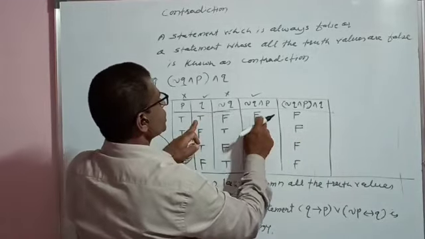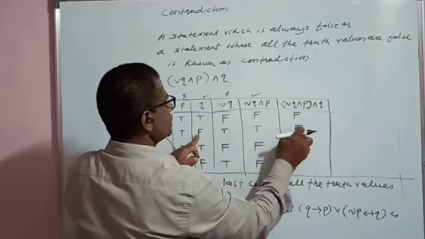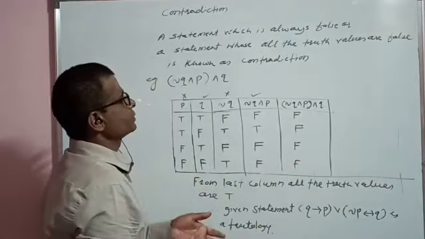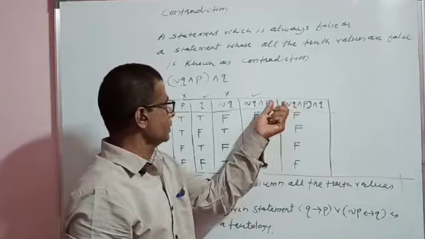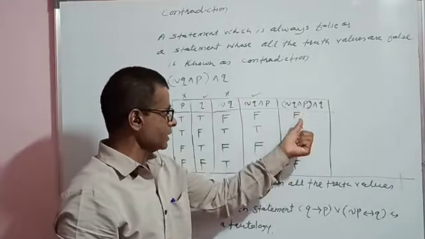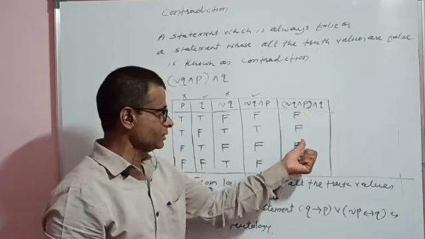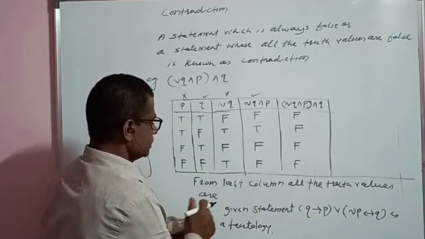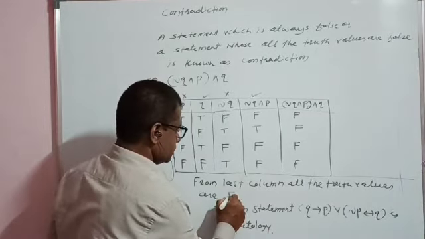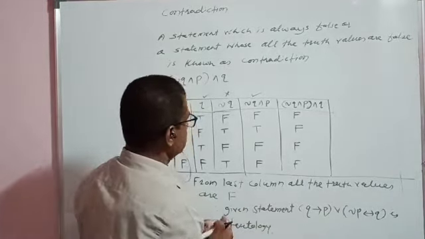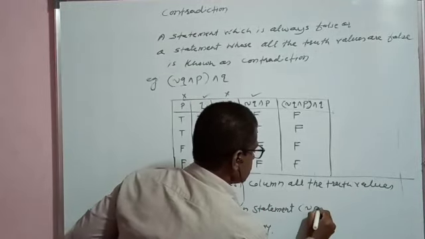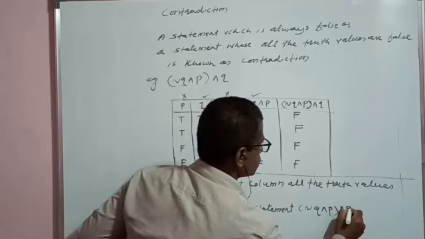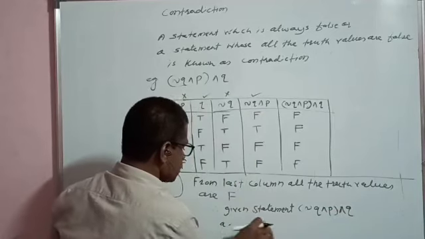So T conjunction F is F, F conjunction T is F, T conjunction F is F, F conjunction F is F. See, all the truth values of the given statement pattern are false. Each truth value is false. So from the last column, all the truth values are F. Therefore, the given statement pattern, negation of Q, conjunction P, conjunction Q, is a contradiction.